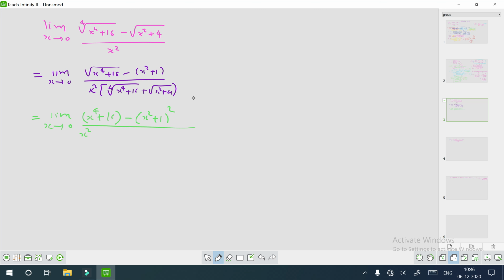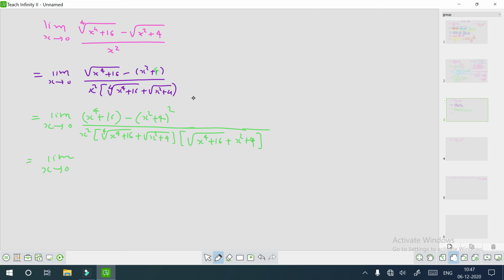Denominator quantity as it is, fourth root of x raised to 4 plus 16 plus square root of x square plus 4, into, what do we get? Under root of x raised to 4 plus 16 plus x square plus 4. Sorry, x square plus 4. Yes or no? Yes.